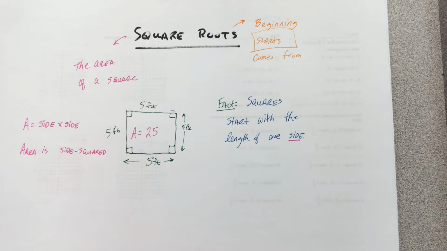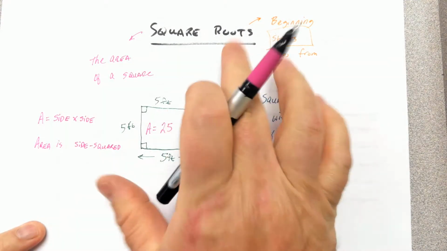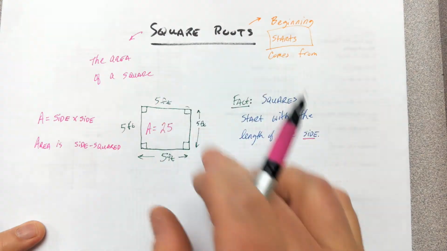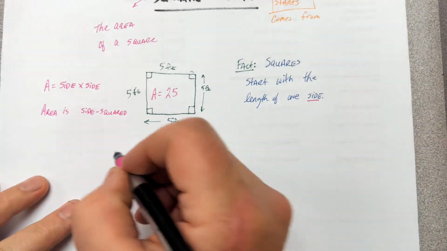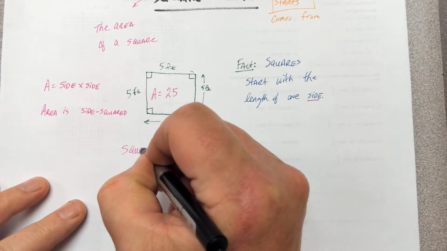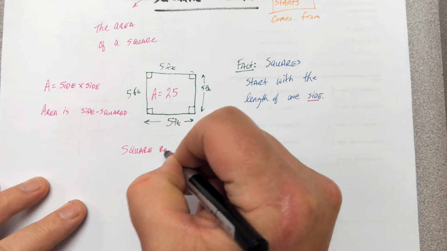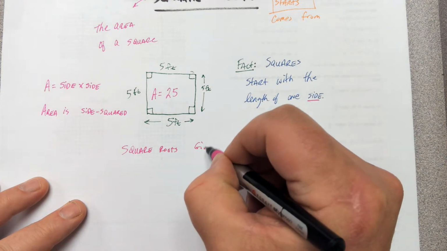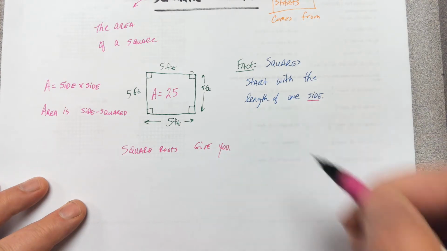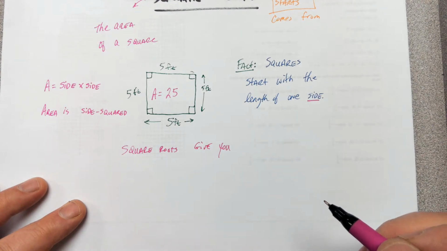So here's what square roots do. With square roots, you know the area, and they're asking you how long is the side. Square roots are asking about the side of a square. Can you guys read my handwriting there?